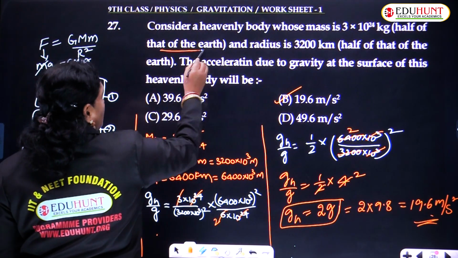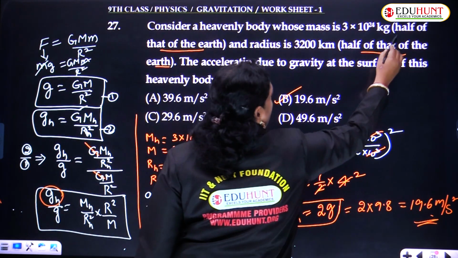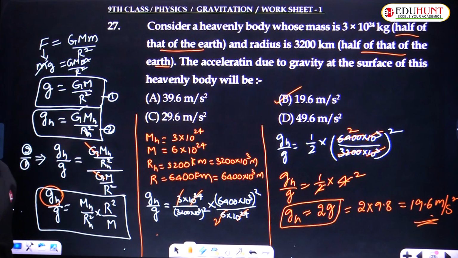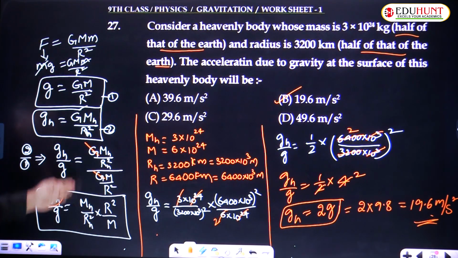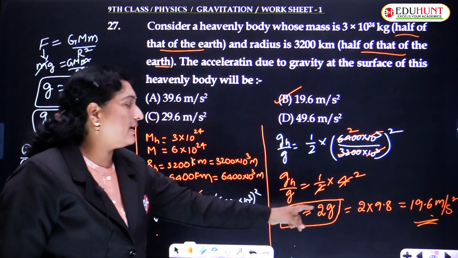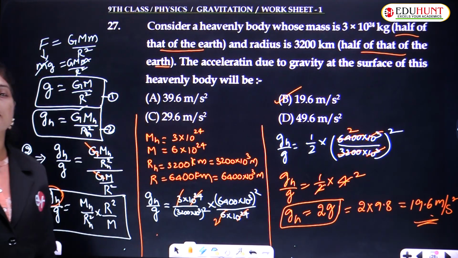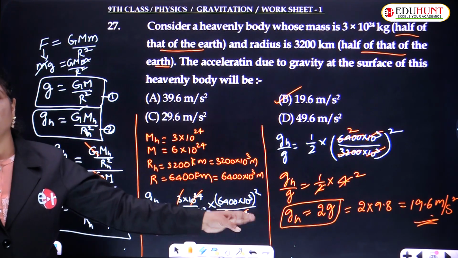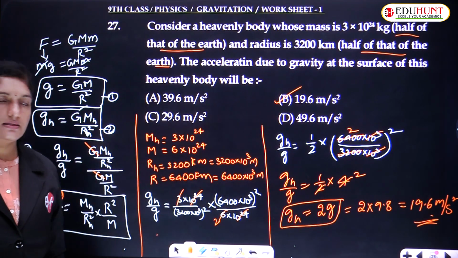Either you take whatever is given in the brackets or you directly take the values that were given. Both give the same answer. The formula we already solved in the previous problem, so everything remains constant. Substituting and simplifying carefully, you get the value of acceleration due to gravity on the surface of the heavenly body as 19.6 meter per second square in this case.